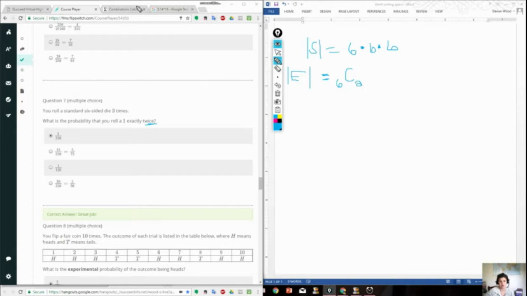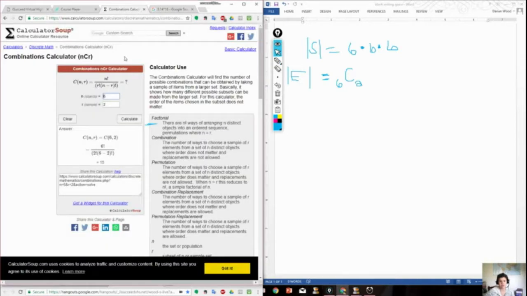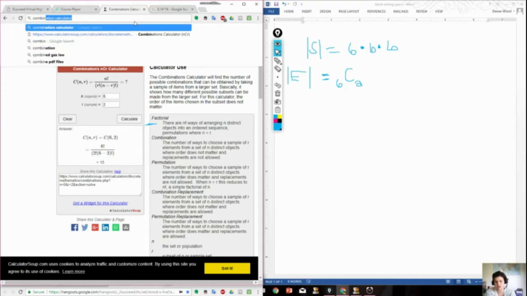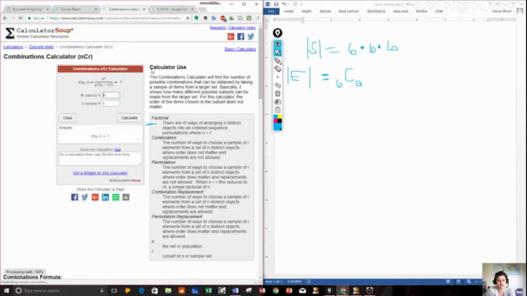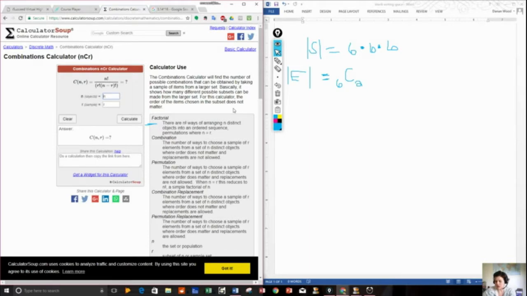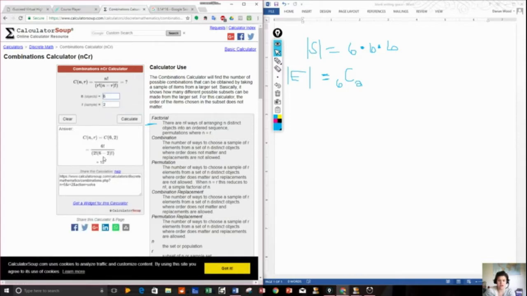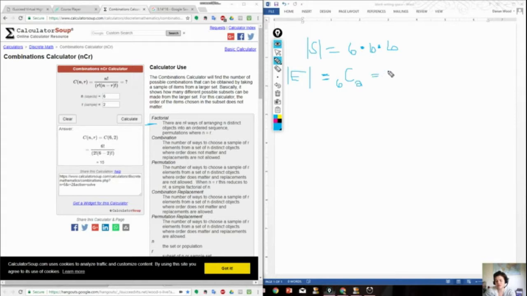So we're going to go to our combinations calculator, and we're going to go to Google, and this is how I got here. I typed in combination calculator, and it was the first one that popped up, combinations calculator, NCR calculator soup. So then I'm going to type in 6 as our objects, and our sample space is 2. So we're going to calculate, and it is 15.